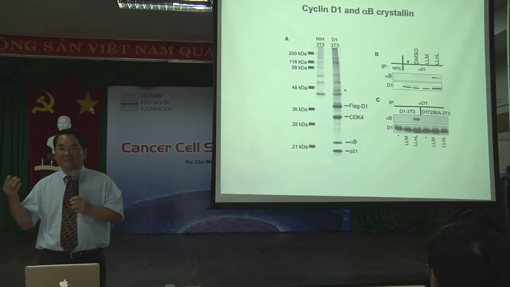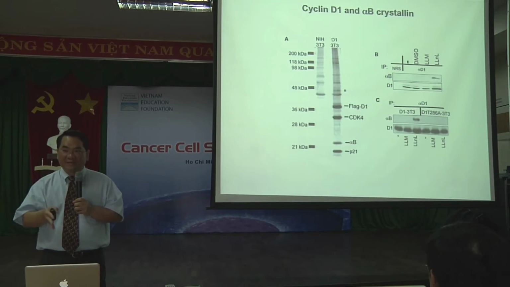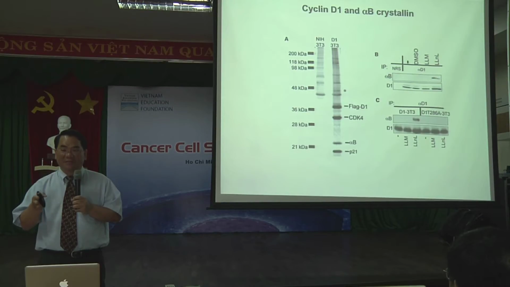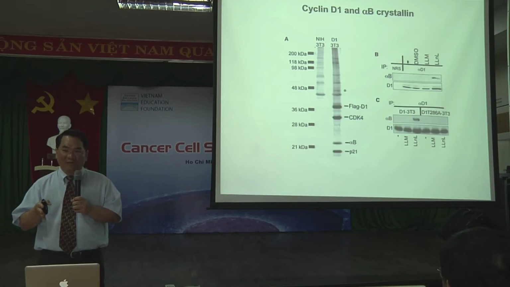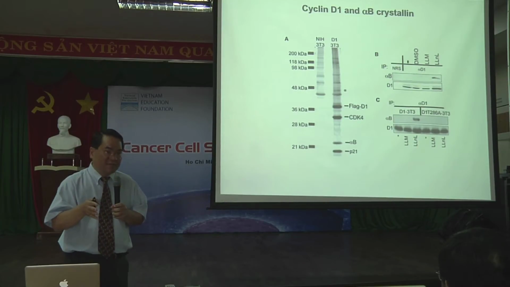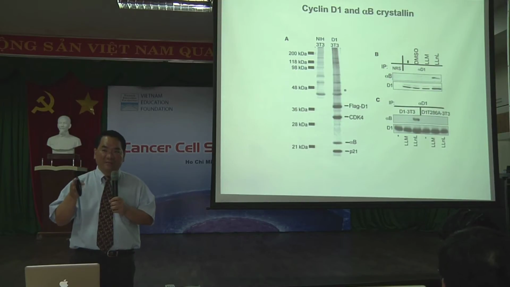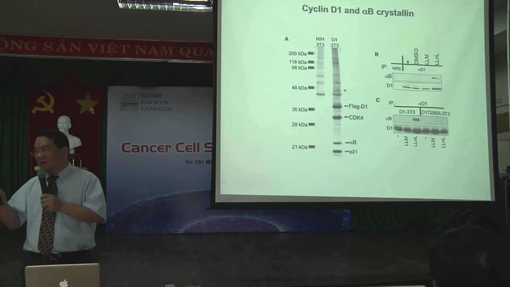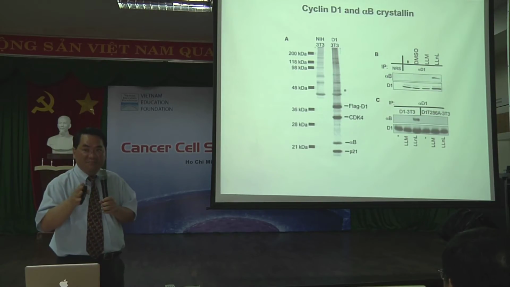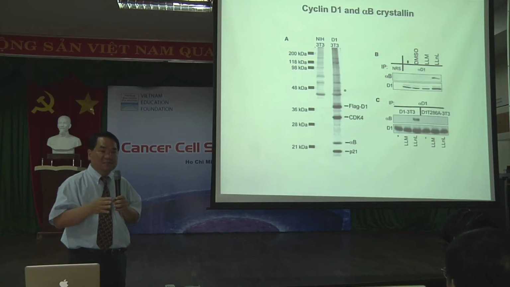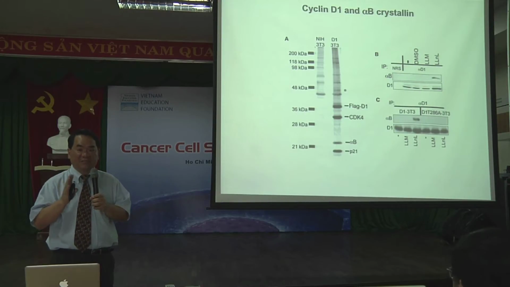Then using an antibody against the potential protein that could be present in the immunoprecipitation complex, you do a Western blot, and if you can recognize it, that means that particular protein is associated with protein A. We call this IP Western: immunoprecipitation followed by Western blot. Western blot sometimes we call immunoblot.